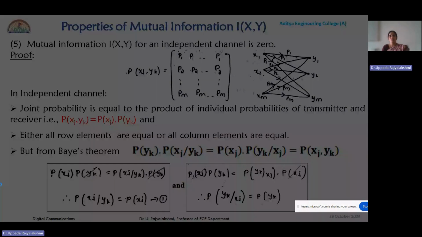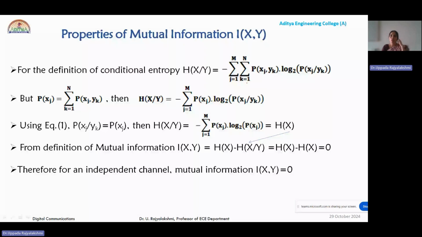But our conditional entropy H of x by y is minus summation over j and k of P of xj comma yk log P of xj by yk base 2. But in the earlier slide, you have seen that P of xj by yk is equal to P of xj. So let us write this as log P of xj base 2.